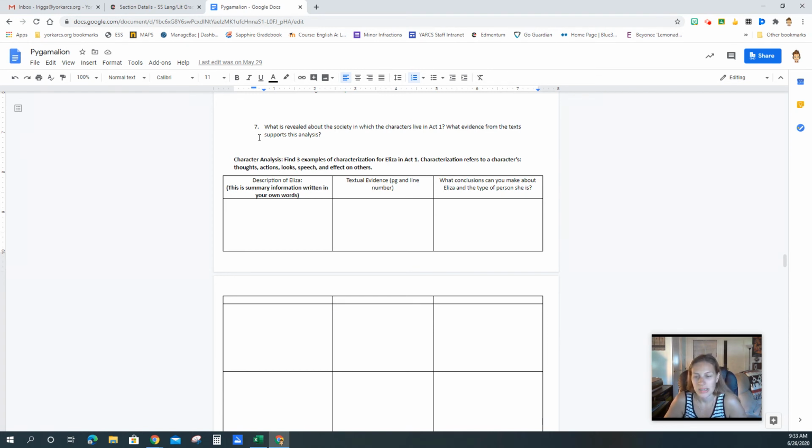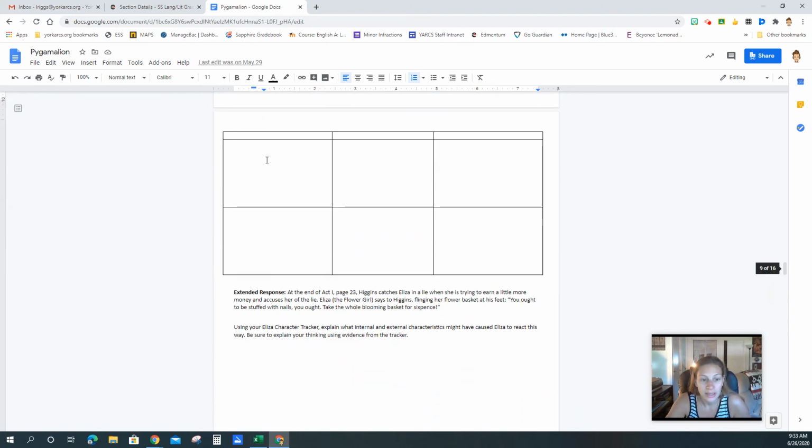We used to use this acronym called STEAL, maybe? Speech, thoughts, effects on others, actions, and language or looks. So you can think about Eliza in that way.